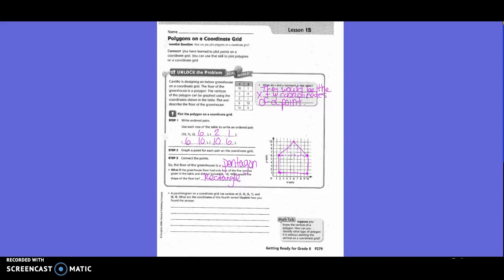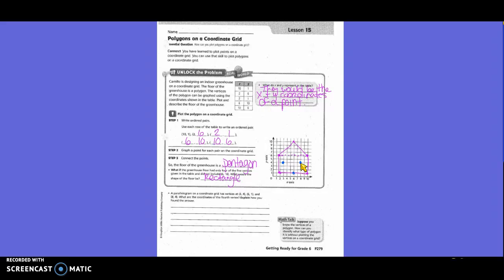So if we came up here and graphed that: we went over 3, up 4, over 6 and up 1, and then over 8 and up 4. What could our fourth vertex be?